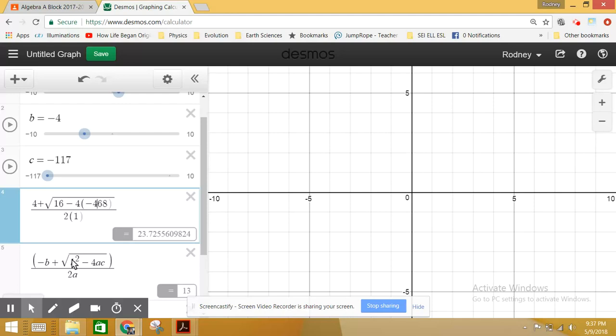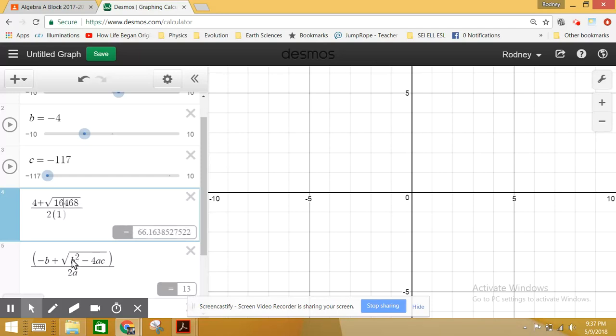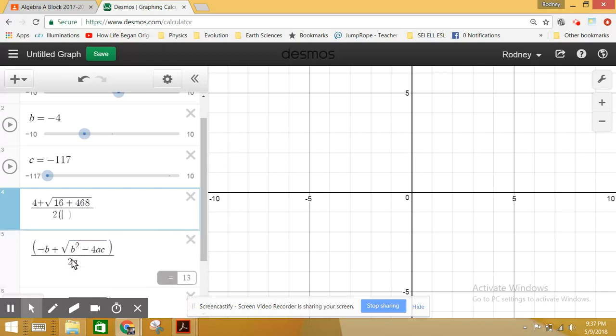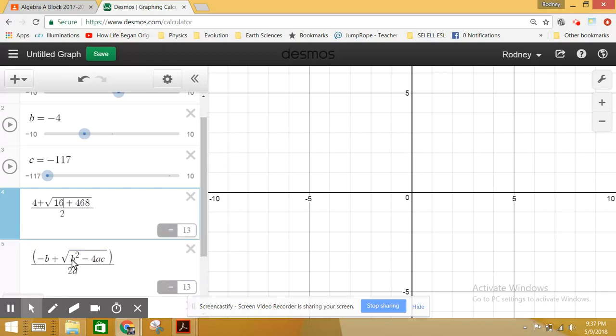So we've got 468. And now I need to get rid of this. Okay, so that is 4 times negative 117. Now it's 16 minus negative 468, which is the same as 16 plus that. Now down here, 2 times 1 is 2, so I'm just going to clean that up.